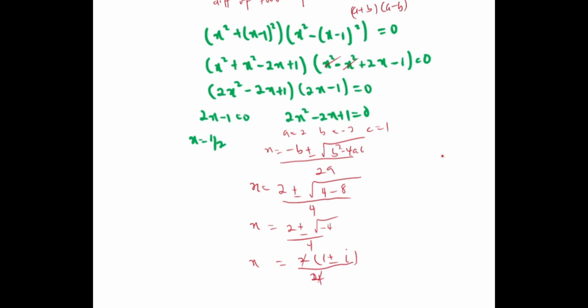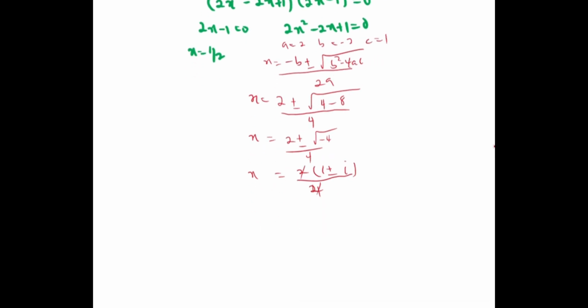So this cancels out. Finally, I have x equals 1 plus or minus i over 2. So the three solutions we have are x equals half and x equals 1 plus or minus i over 2.